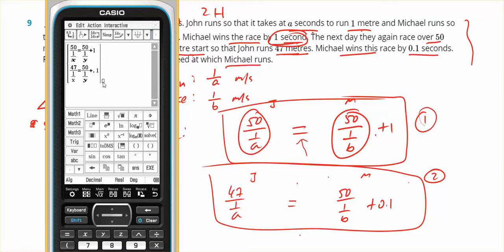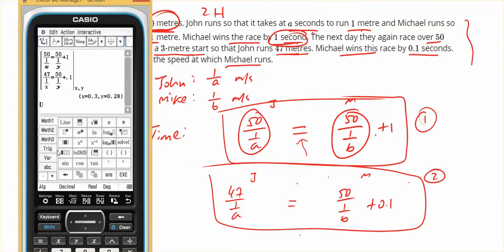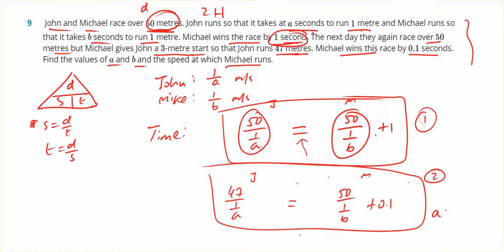And we're trying to solve for X and Y. Okay. So we can see that if I change that to standard, X is 3 on 10 and Y is 7 on 25. So A is 3 on 10 seconds, B is 7 on 25.